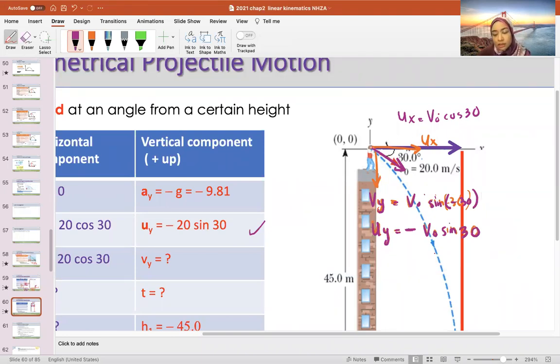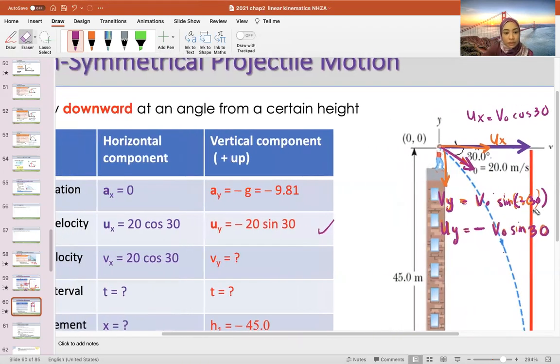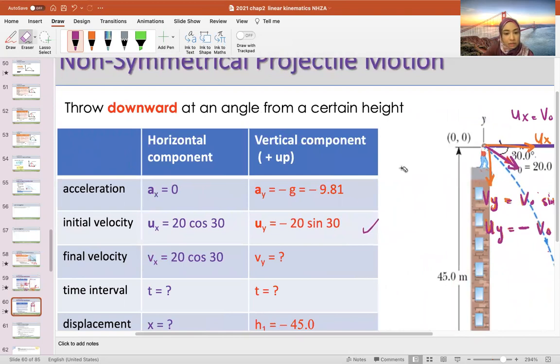So ux is fine, the trick is in the Y. This is something to take note of. If your angle is below the x-axis, put in the signs beforehand, like this, or put in the negative 30. To be safe, use negative 30. Always remember, below the x-axis there is a negative sign on the angle. So that is the trick to this question.